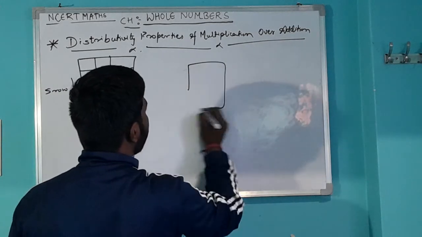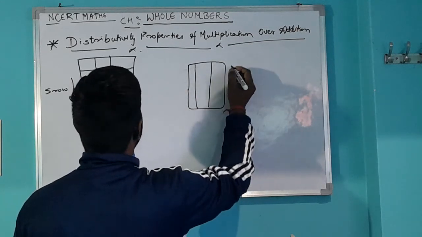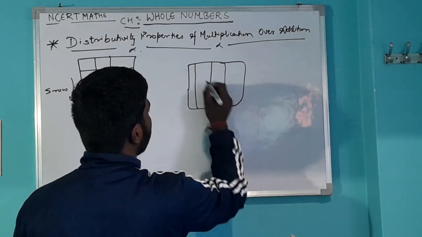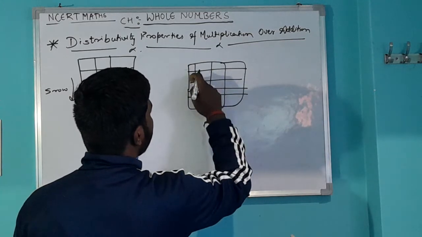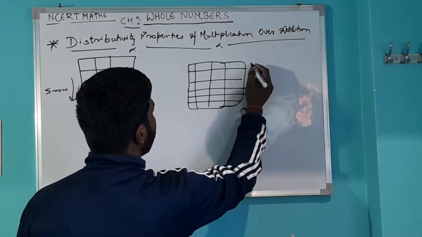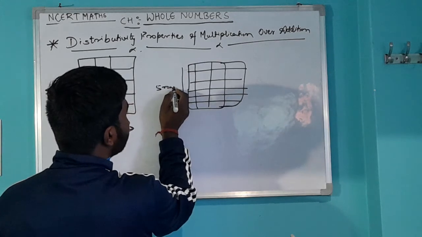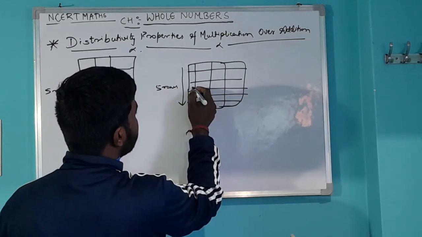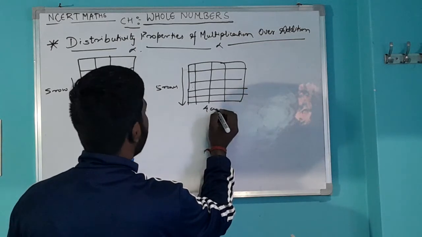In the next box, we again have 5 rows and 4 columns.